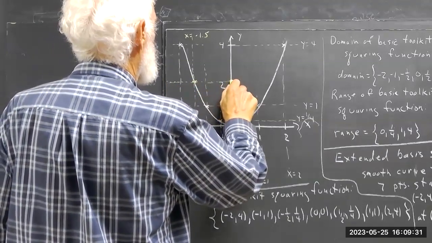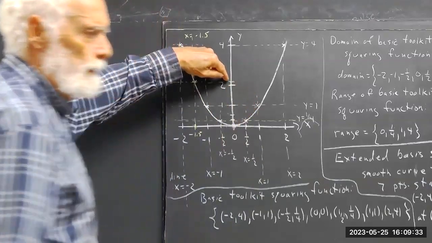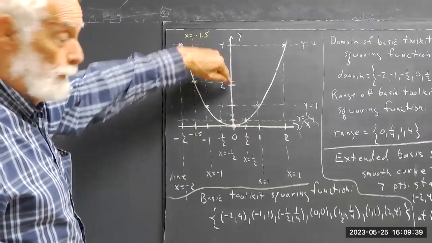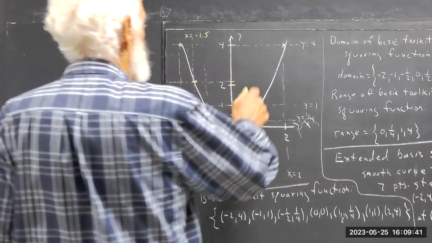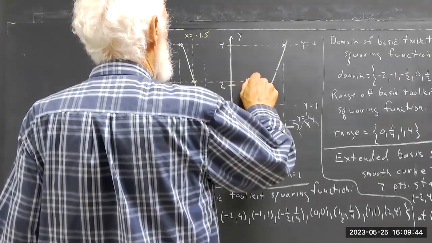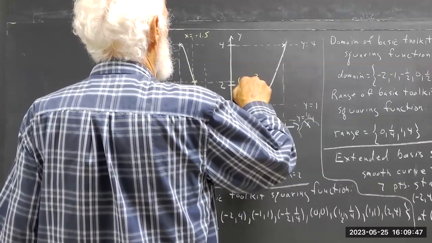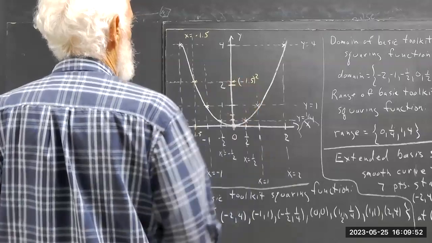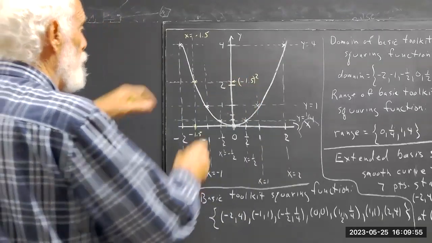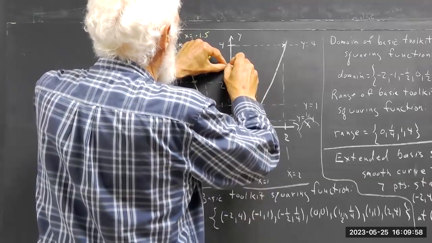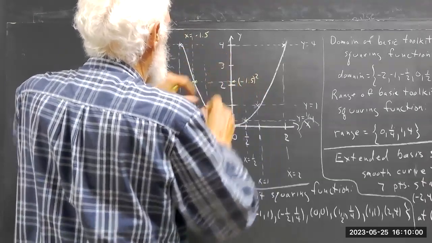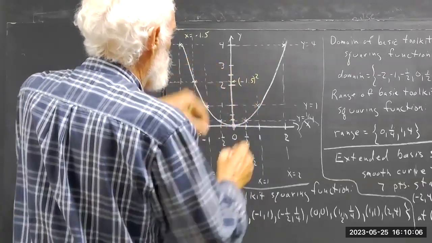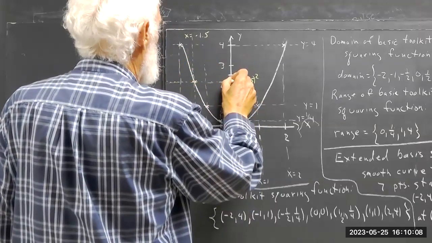Then I come across here and find the number, which should be the square of -1.5, that is, -1.5 squared. But where is that on the y-axis? Well, we divide the interval from 2 to 4 in half, and we get 3. We divide that interval in half, and we get 2.5. We divide that in half, we get 2.25.